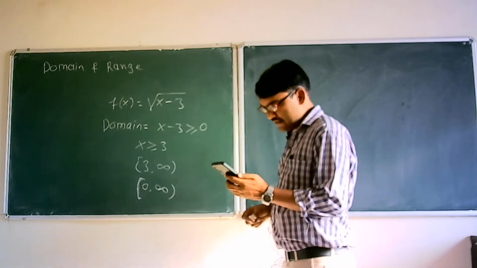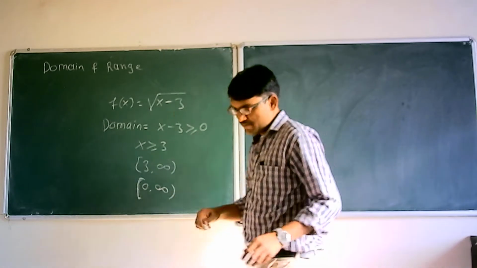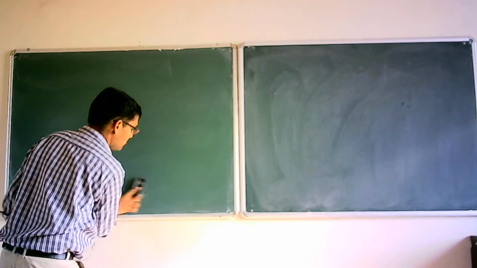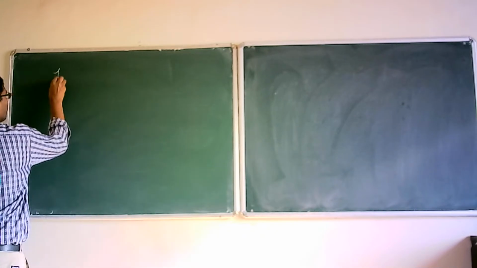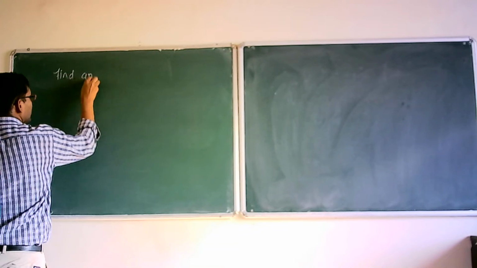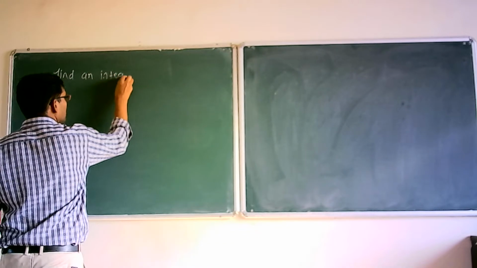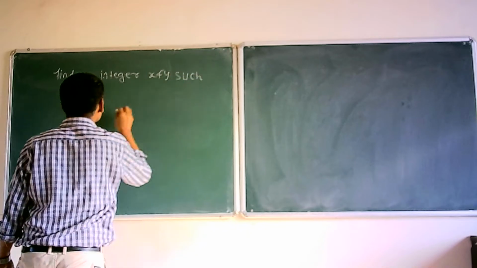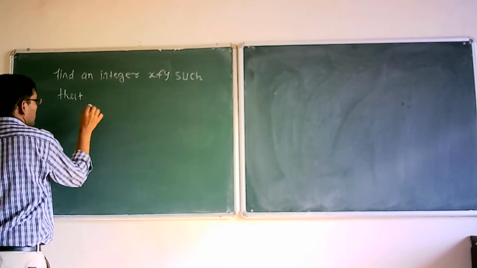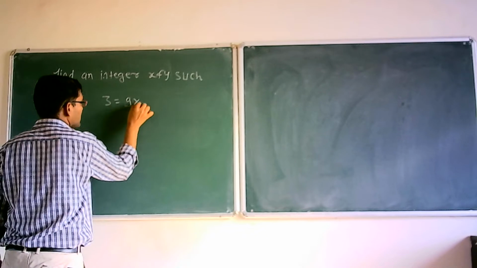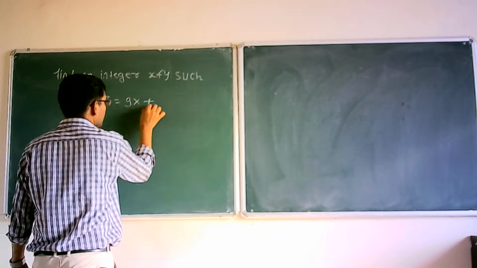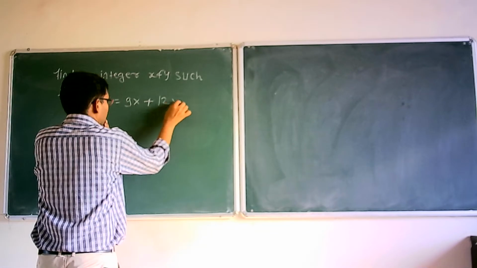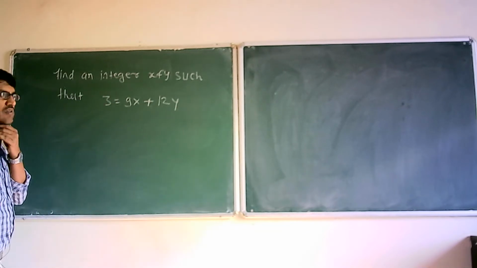Now next. Find integers x and y such that 3 is equal to 9x plus 12y.